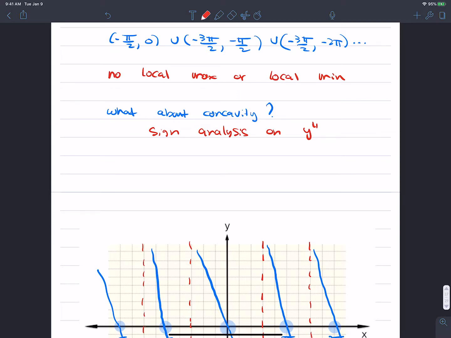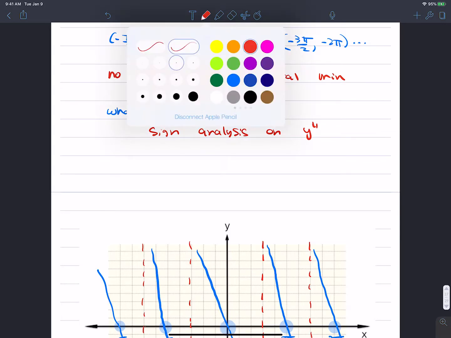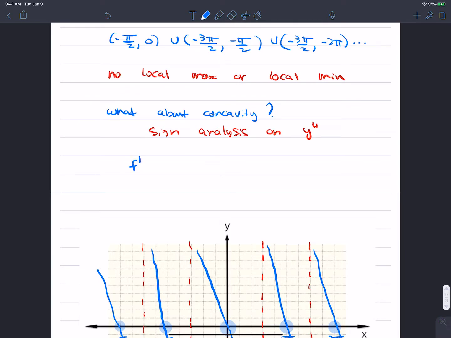Now, for sake of time, I'm going to go out of order here. I'm going to say to you guys that doing this work, you're going to find the second derivative to be minus sine x times 1 plus 2 secant cubed x.